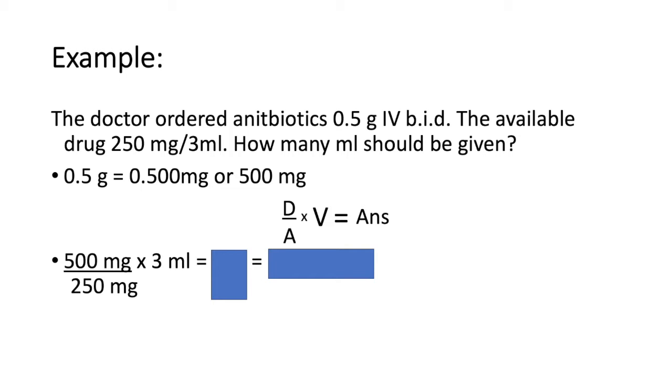So 0.5 gram is equal to 500 milligrams. So 500 milligrams divided by 250 milligrams, where 500 is the doctor's order and 250 is the available, times 3 ml, the volume or the vehicle. So the answer is 6 ml. You have to give 6 ml of medication to the patient.